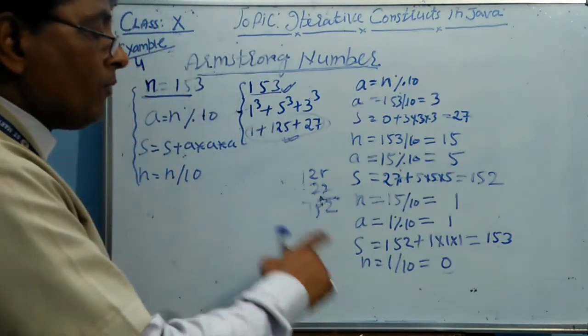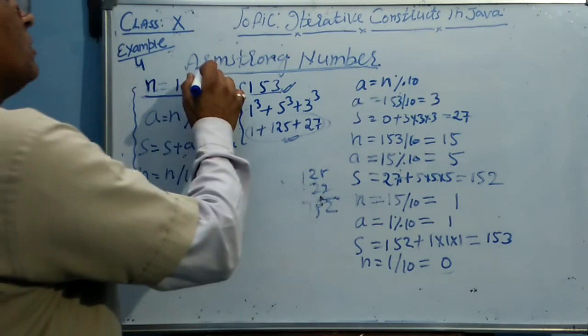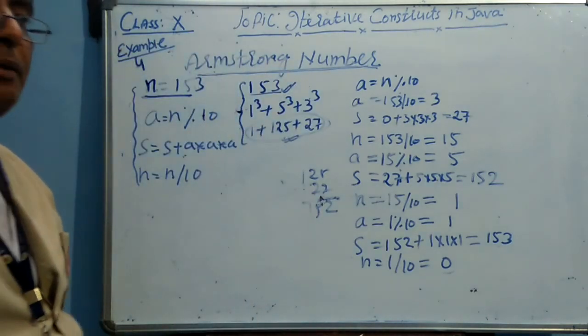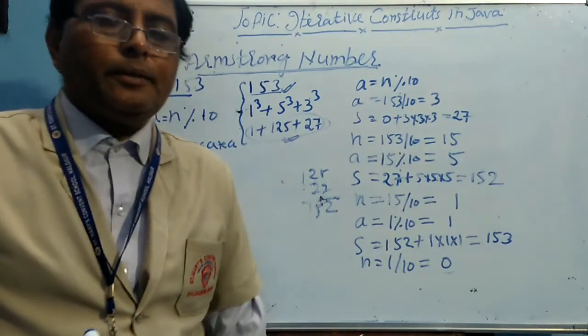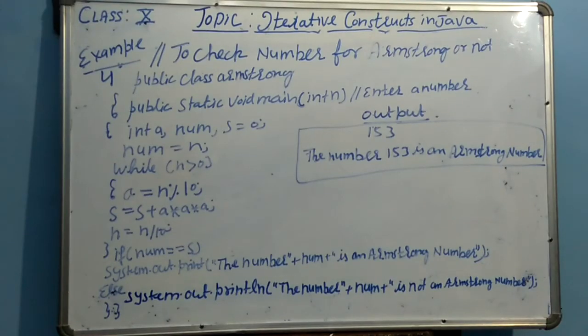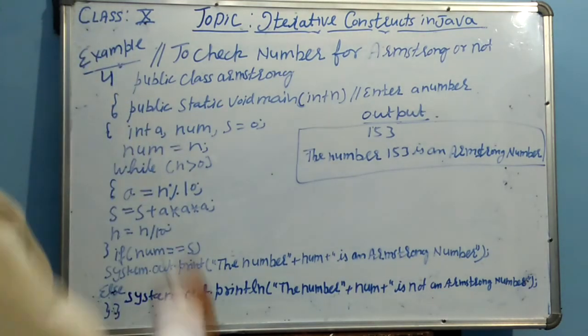If we do not get n equal to 0, then it is not an Armstrong number. Okay. Now we will start our program. Okay. Yes, students, your program starts now.